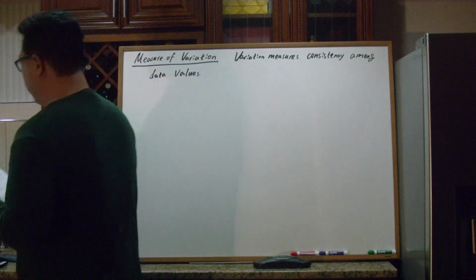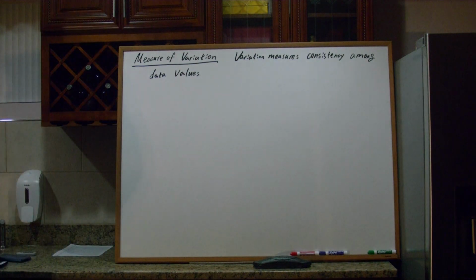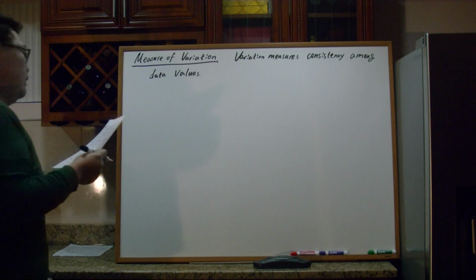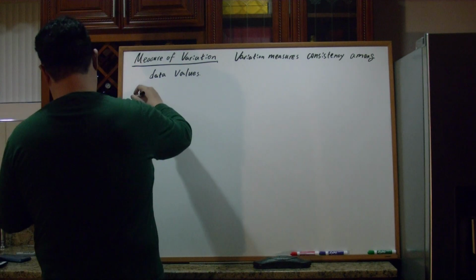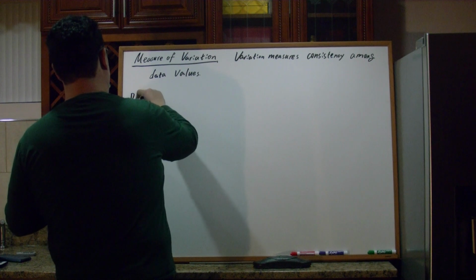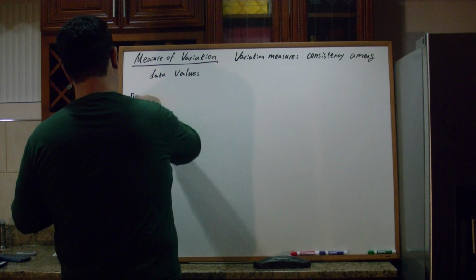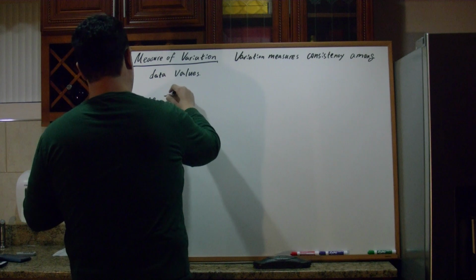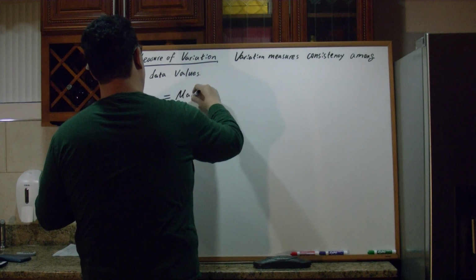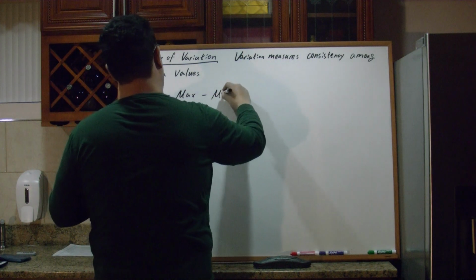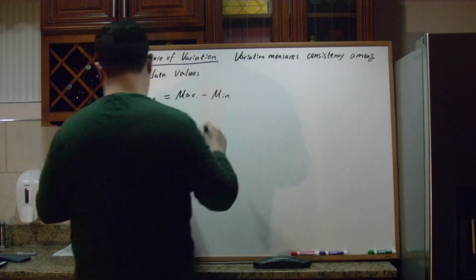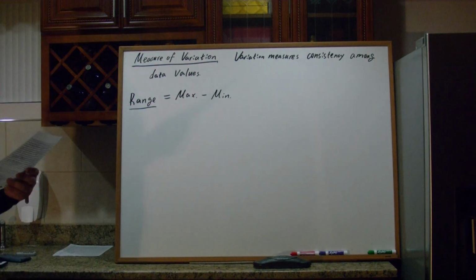One measure of variation measures the consistency among the data values. The first thing we can find is the range. Range is simply the maximum value minus the minimum value.